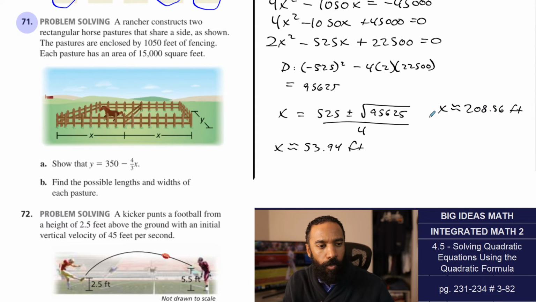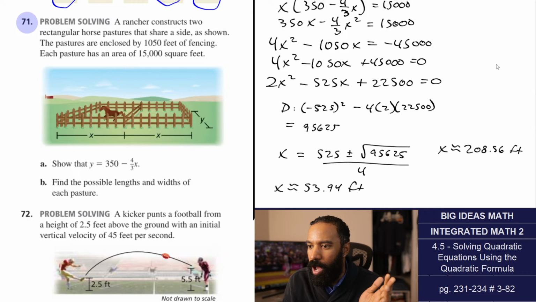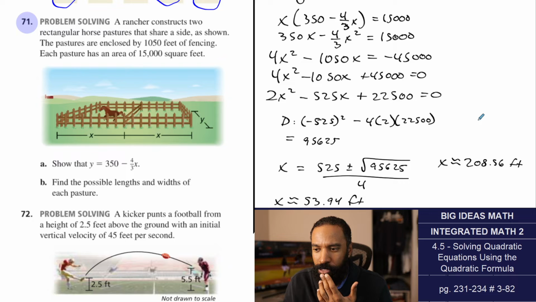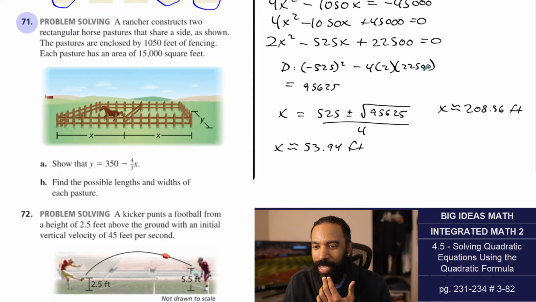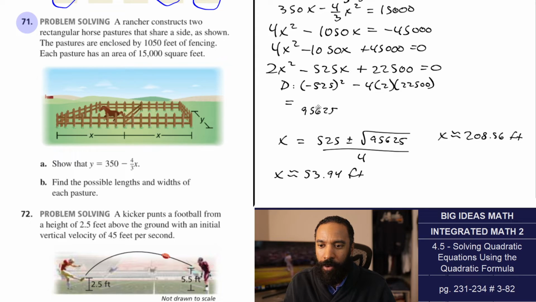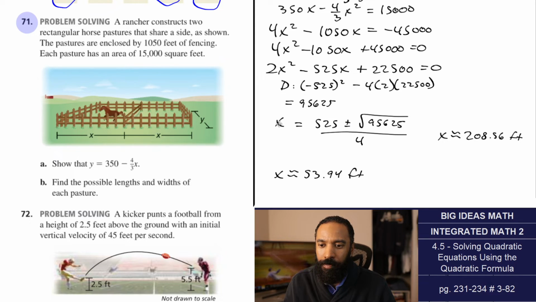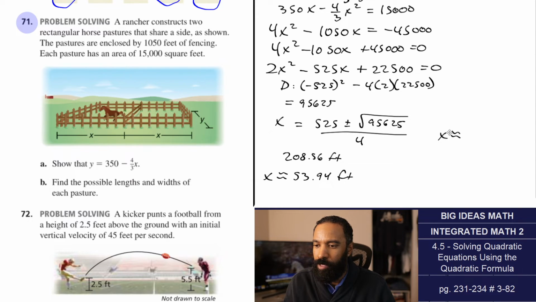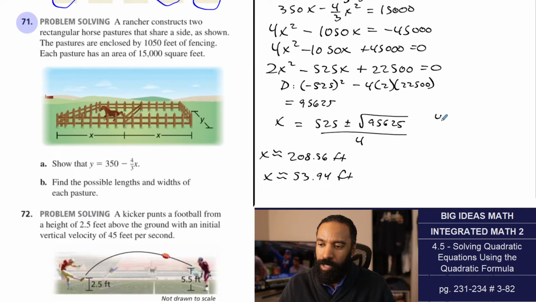Let's see if there's anything wrong with saying those numbers. If there are 4 x's, boy, that's very little fencing for y. I guess it still works out. So let's do y equals on both of those now after the fact. So if we do those, we can look at y equals, let's put these over here. Okay, now y equals 350 minus 4/3 x, right?